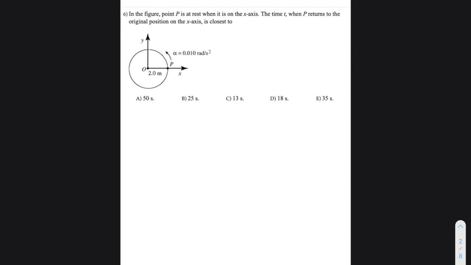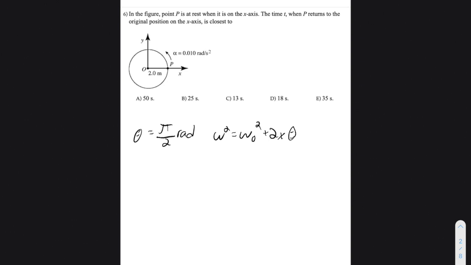Alright, so here we have the circle that is going to be rotating with an angular acceleration of 0.01 radians per second squared. And so first we have to figure out how fast it's going to be going when it crosses the y-axis. So we're going to use our rotational kinematics. When it reaches this point, it has traversed pi over 2 radians. And so we can use this time-independent kinematic equation to find the final angular velocity at that point.